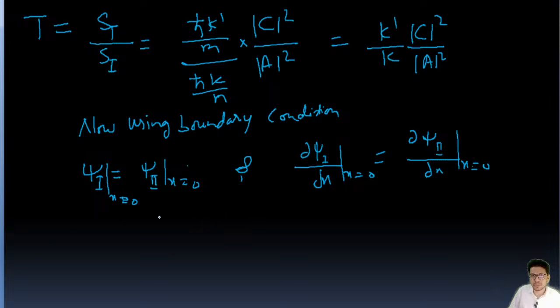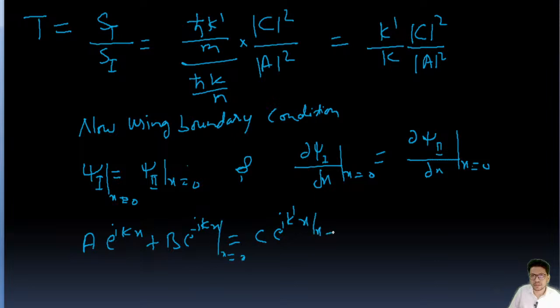Now we'll put in the values of psi 1 and psi 2. Psi 1 is a e to the power i kx plus b e to the power minus i kx, equal to c e to the power iota k dash x, at x equal to 0.